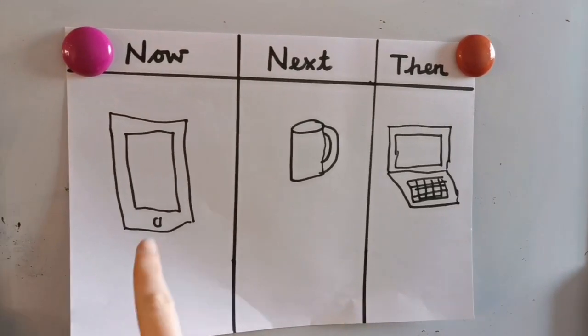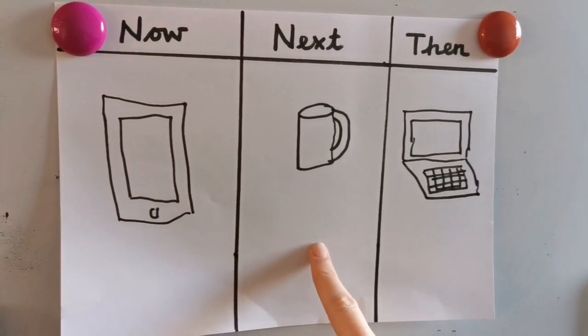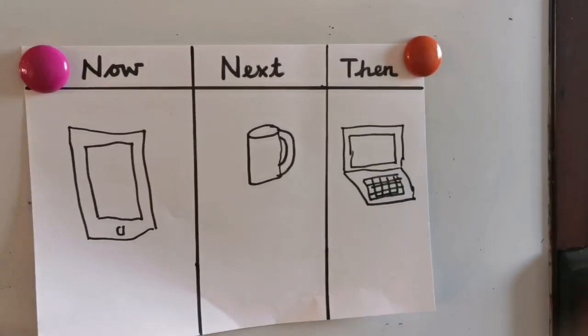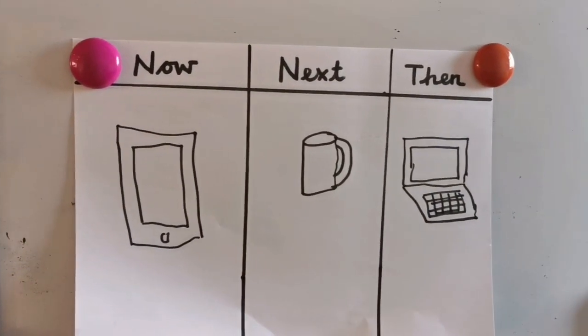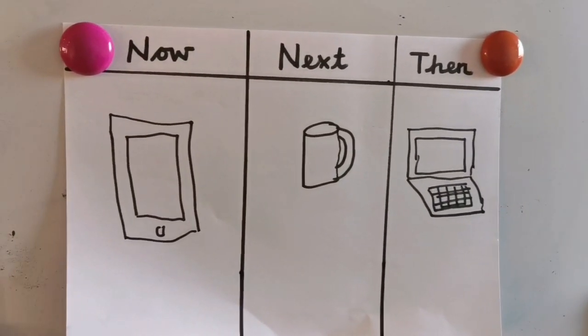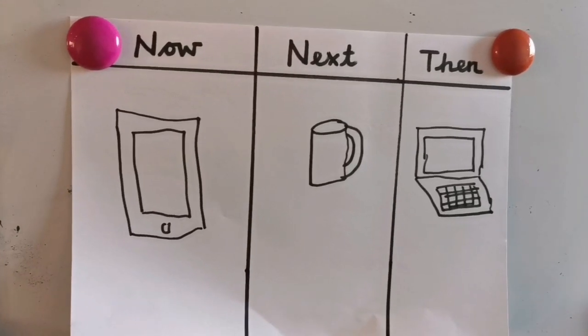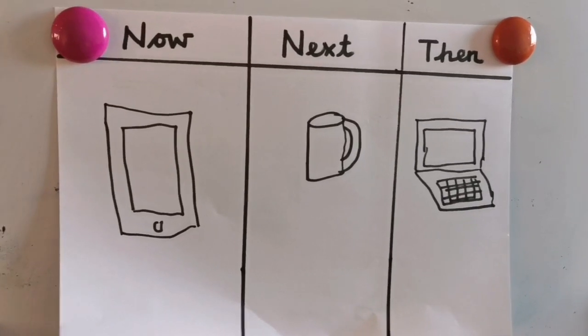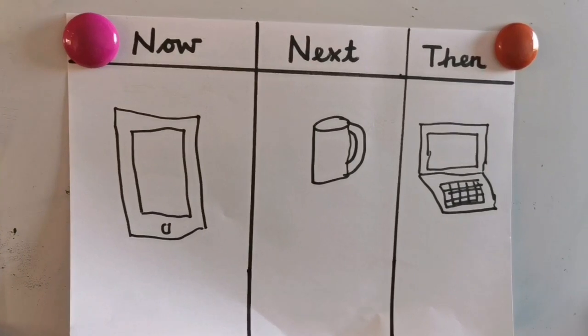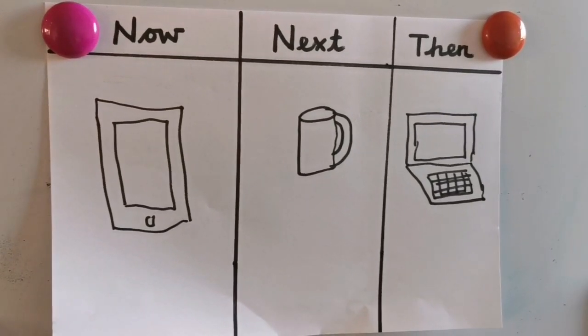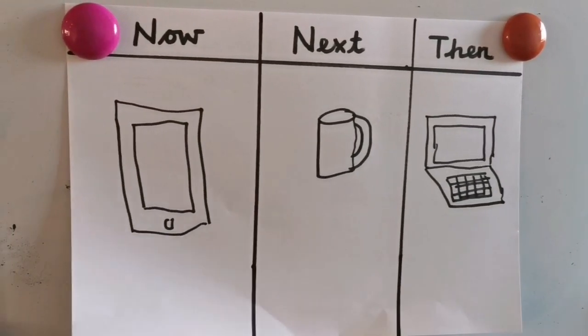So, I've thought about what I'm doing now, what I'll be doing next and what I'll be doing then. Now I'm using my iPad to make videos. Next I'm going to have a cup of tea and a little rest. Then I'm going to get out my laptop and do some work. I wonder what you are doing now.